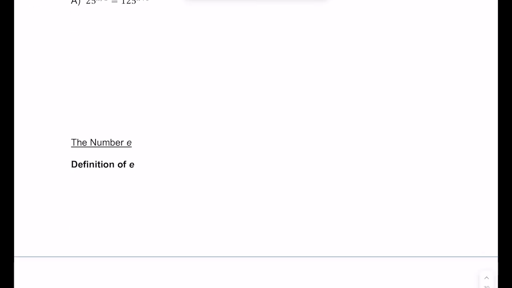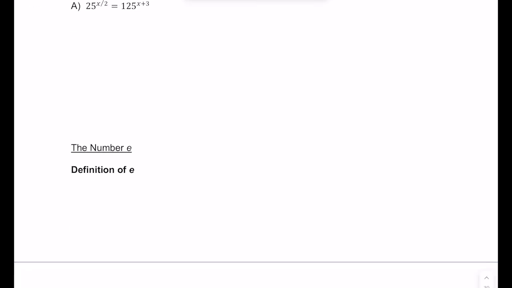Let's talk about a famous base. It's called E. It's also known as Euler's number, and it's named after a mathematician, Leonhard Euler.